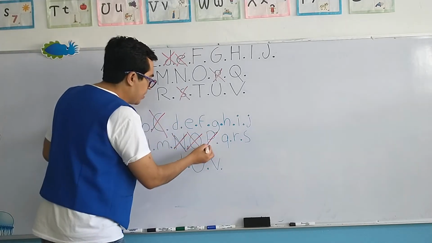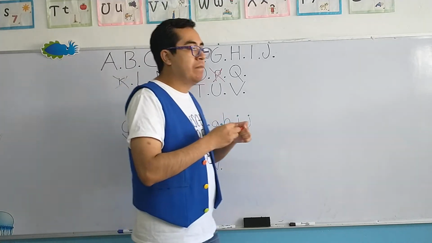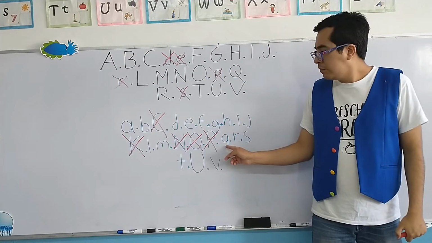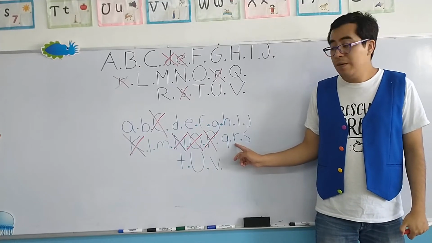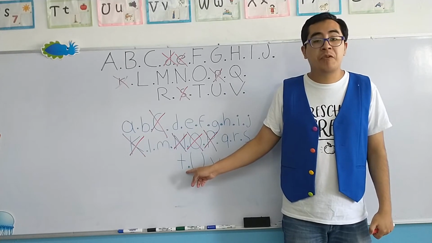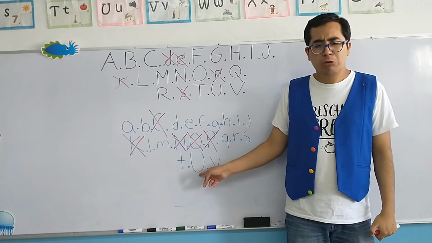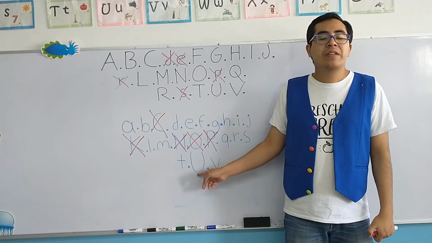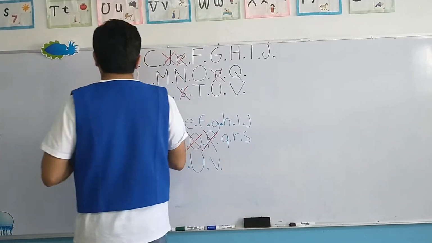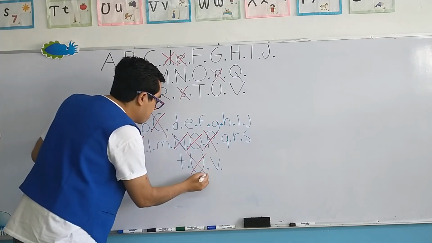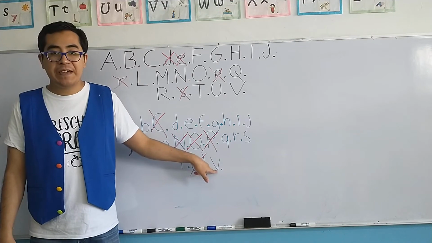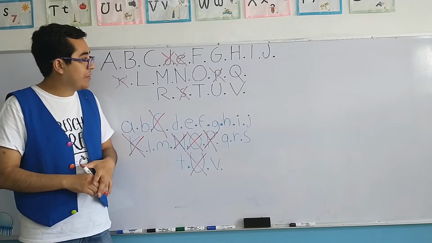So, let's mark it. Then we have small q, small r, small s, small T of train. This is not a small u, this is capital U. So we mark it with an X. And finally, small v. Okay, very good.